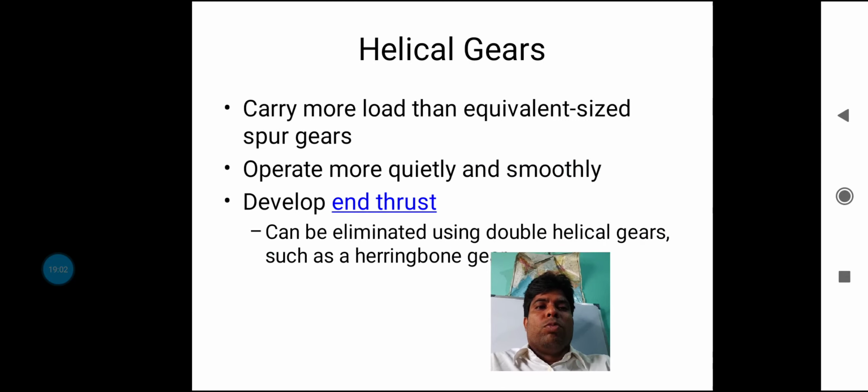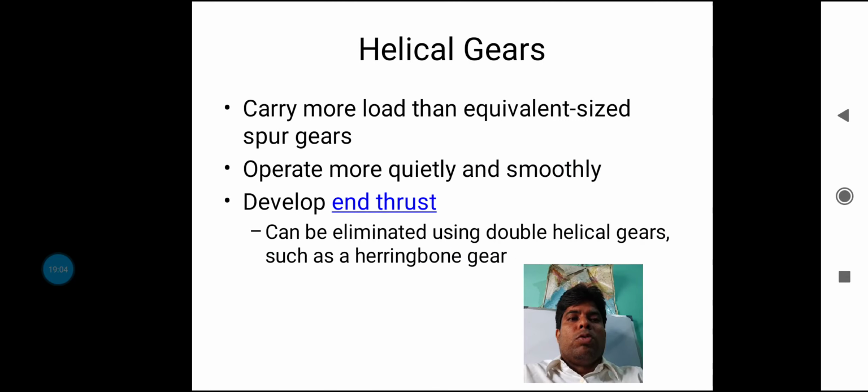Helical gear carries more load than an equivalent size spur gear, operates more quietly and smoothly, and develops end thrust. The helix angle is not ignored during the whole process of helical gear design, and it develops some end thrust.